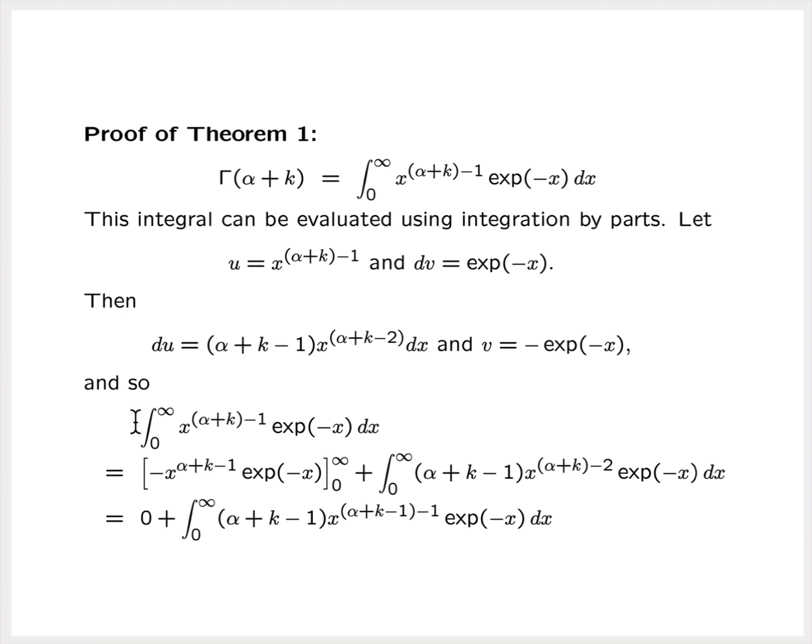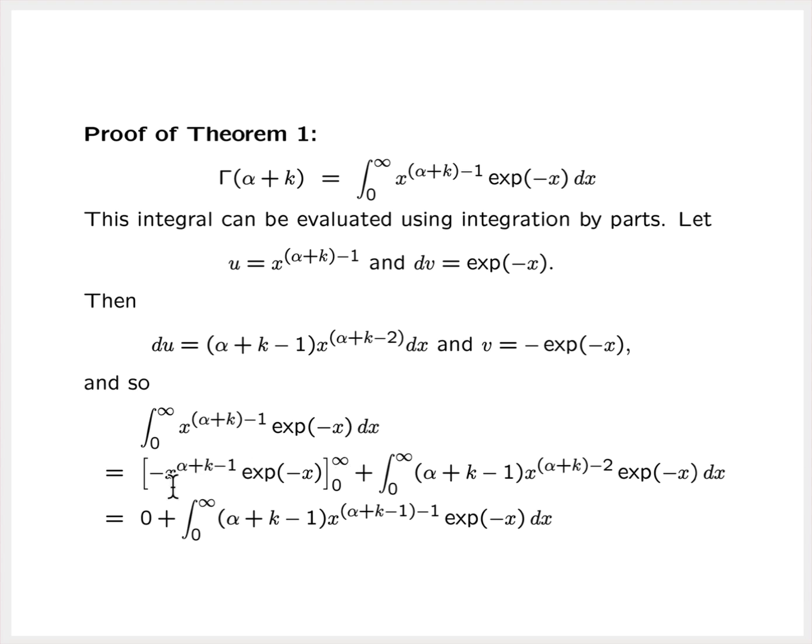And again, you may want to look that up in your calculus textbook to get the details for that. But anyway, we have the integral that we're after, the integral over the positive part of the real line of x raised to the alpha plus k minus 1 times the exponential function evaluated at negative x is equal to this expression here, negative x raised to the alpha plus k minus 1 times the exponential function evaluated at negative x.